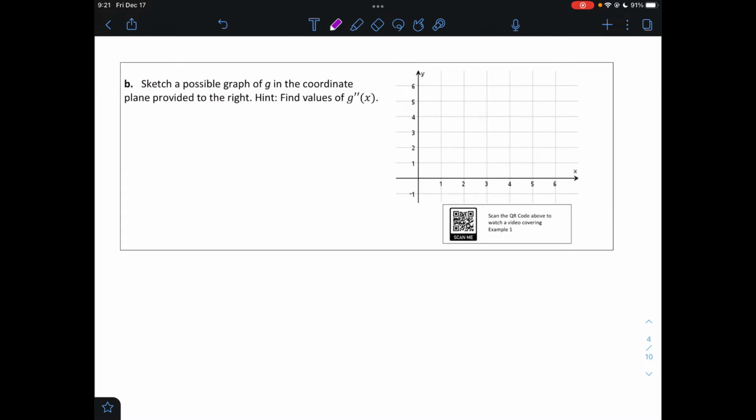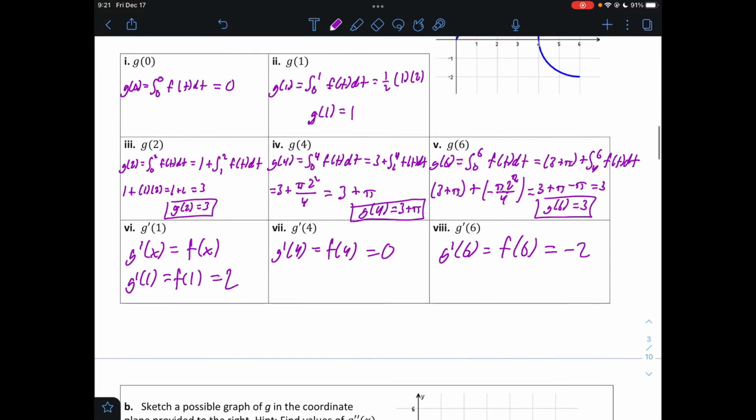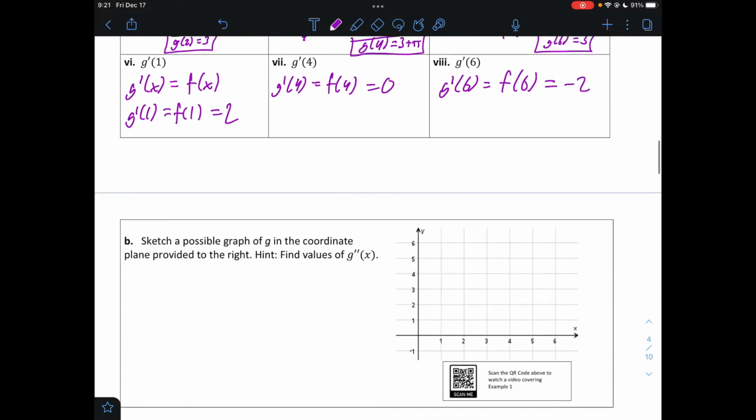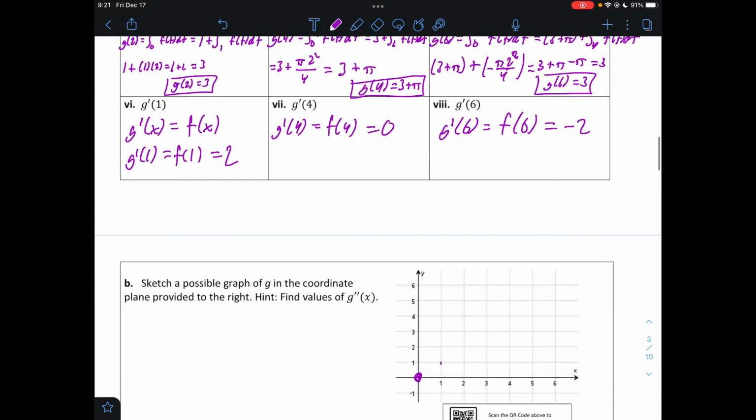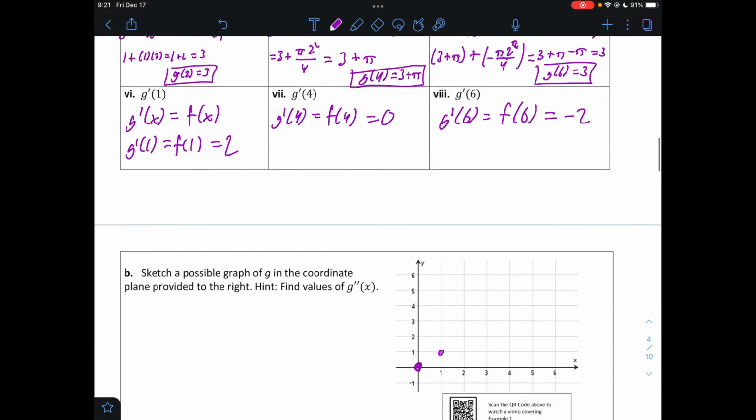Then we're asked to sketch a possible graph of g in the coordinate plane provided to the right. We could use values of g double prime as well to help us if needed, but let's see what we have here. First, g of 0 is 0, so the point 0, 0. G of 1 is 1. G of 2 is 3.